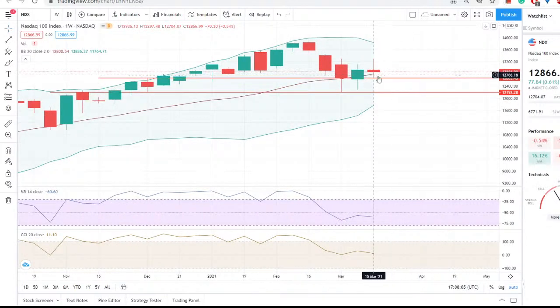So you could expect it to again touch around this 12,800 and most probably it might move down, as Williams R and CCI on the weekly chart are not in an oversold position, so you could expect next week a little downward on NDX.